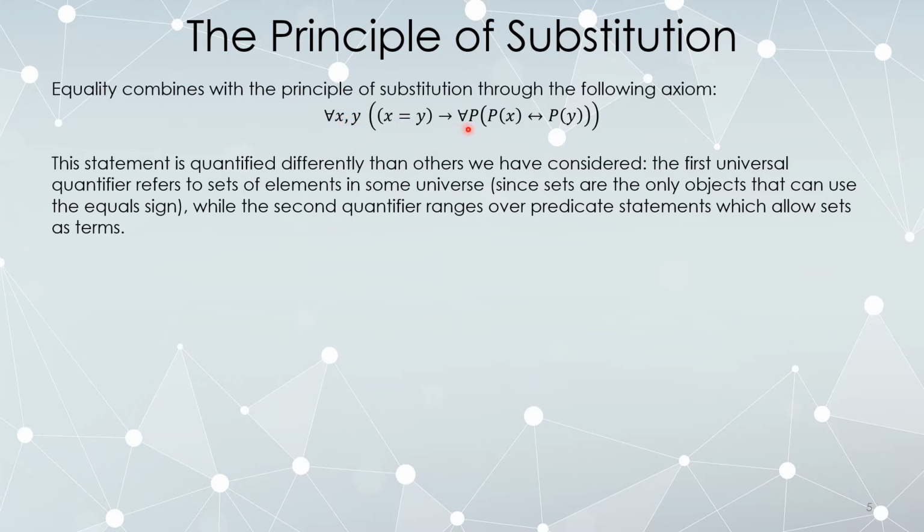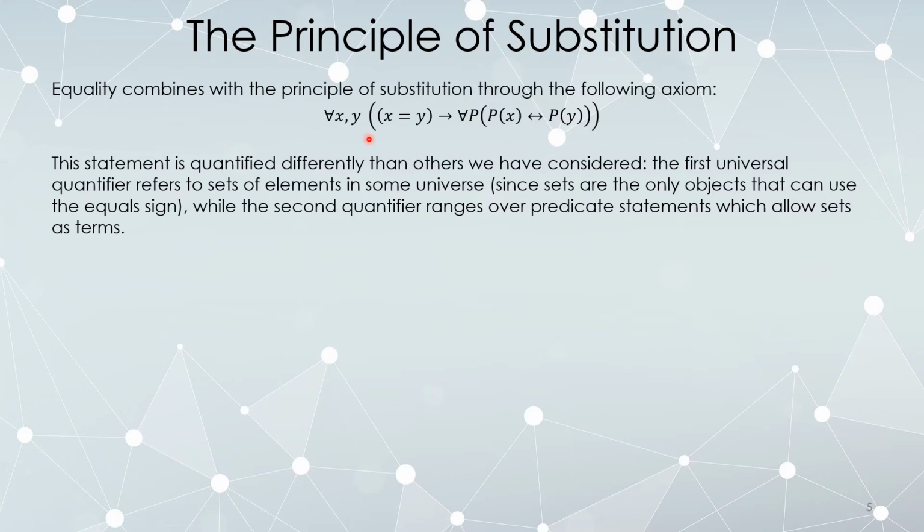But now look at this here. What is capital P? It's not exactly a set, because it's a predicate statement referring to sets. So here we're quantifying over sets, and here we're talking about predicate statements whose domain of discourse is sets.